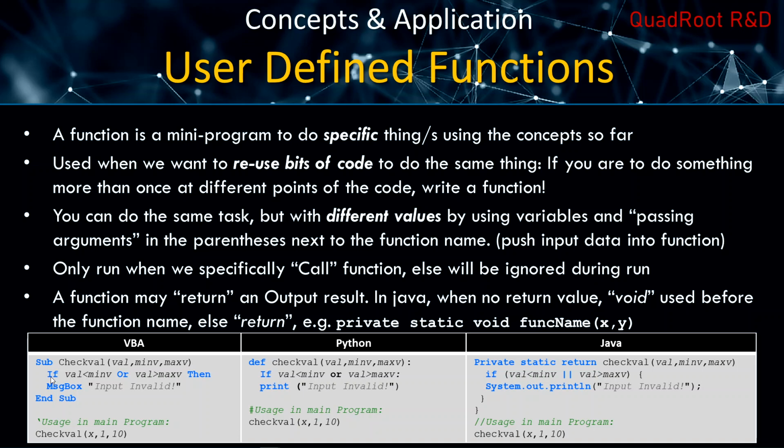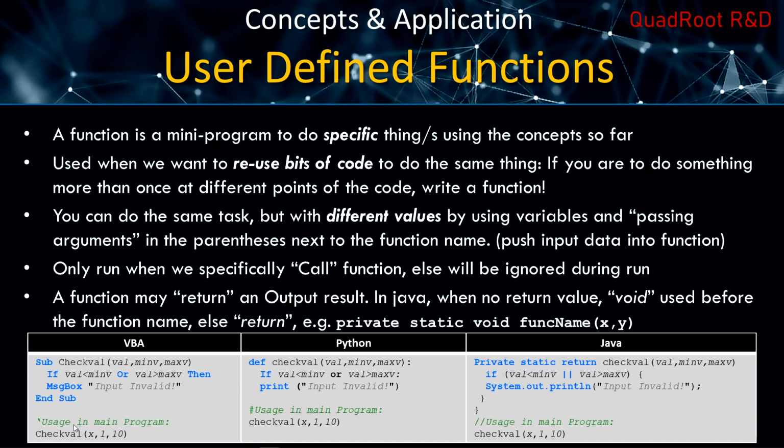So we say if val is less than minv or val is greater than maxv, then message box "input invalid". Or you could just exit the program saying invalid inputs, please start again, or please re-enter, whatever. But basically it's checking, and if it's not within those limits, then it returns an input invalid or something like that.